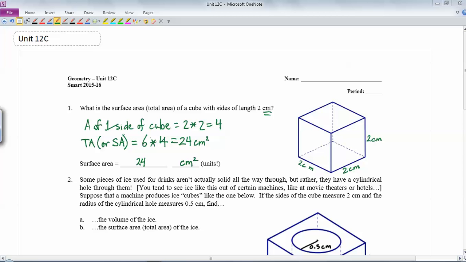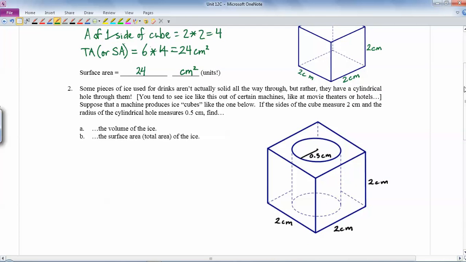Okay, so let's take a look at number 2. So number 2, this shape here, it's supposed to be an ice cube, except that there's a hole missing. There's like this cylindrical hole right in the center of it. So the ice cube is all of the stuff around the cylinder, right? It's the inside the cube, outside the cylinder. So this thing right here is hollow, this inside.